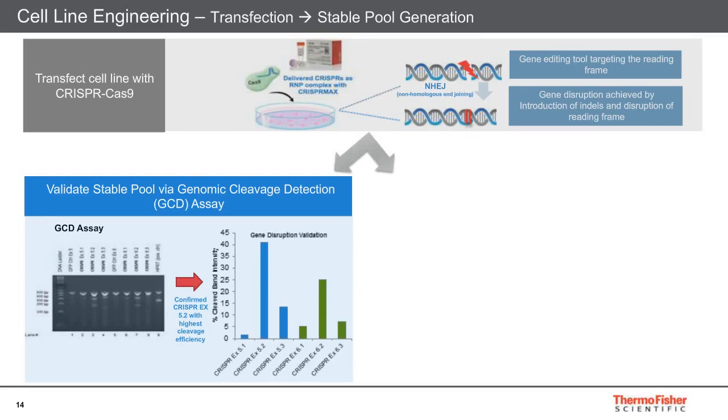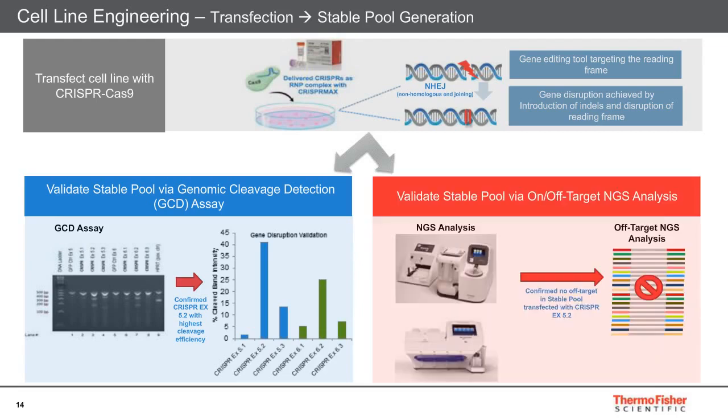So we decided to pursue this further, took the transfected cell pool and made the lysate, and used the lysate for on and off target NGS analysis to understand whether this CRISPR caused any spurious off-target cleavage events. In this case, there were no off-target cleavage events detected.